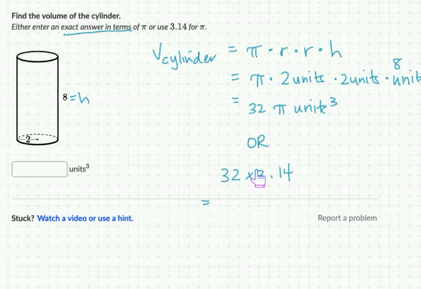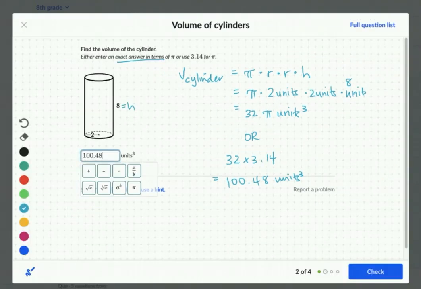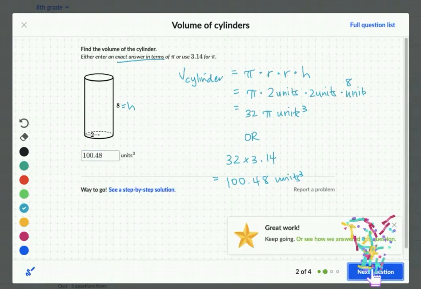So basically changing that pi into 3.14. And I have 100.48 units cubed. So again, I could put either one in. Let's do the estimated version this time. And that one works as well. Okay.